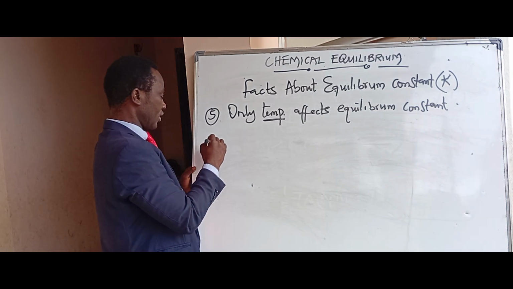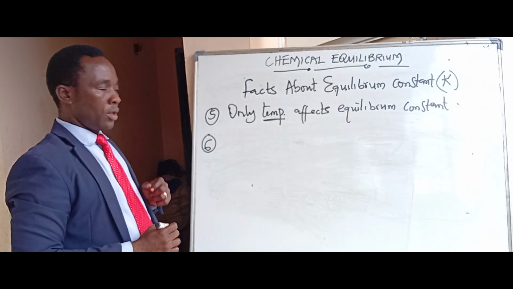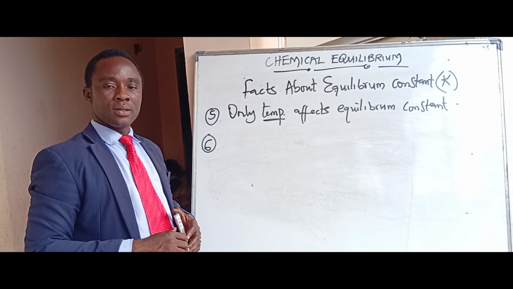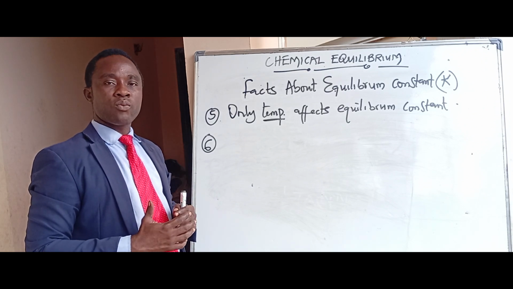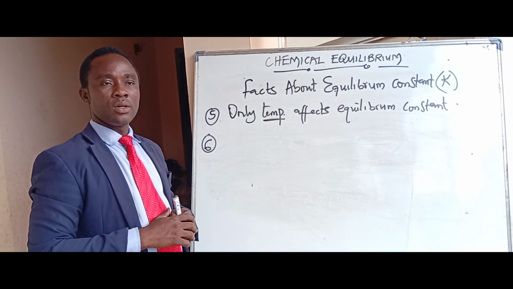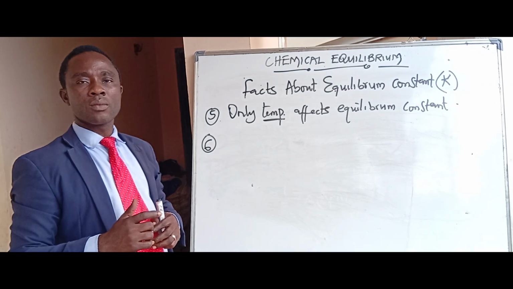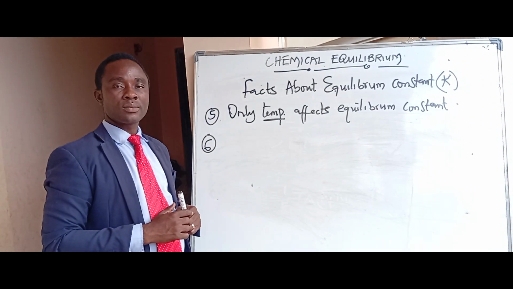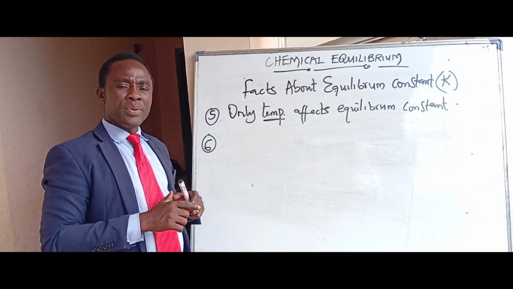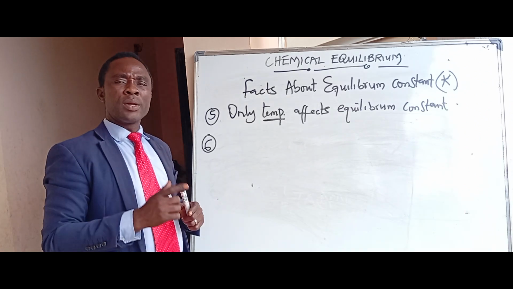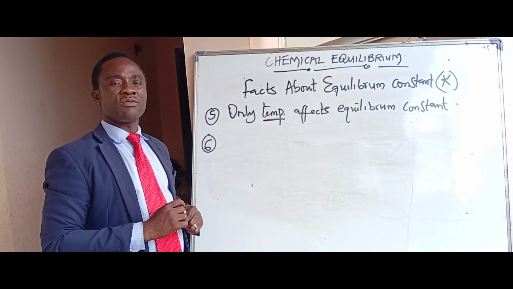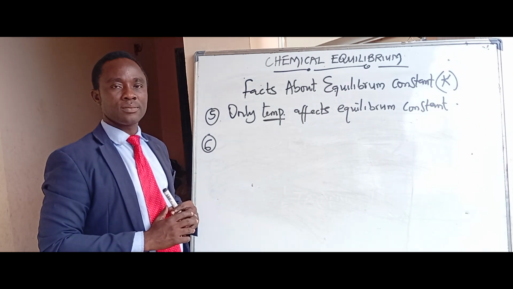Now number 6, if a chemical reaction is in equilibrium and that reaction is multiplied by a factor to get another chemical reaction, the equilibrium constant of the new reaction will be equal to the equilibrium constant of the initial reaction raised to the power of the factor we multiplied by.